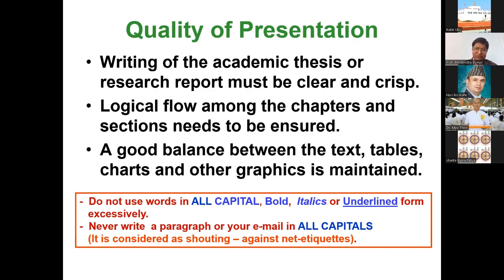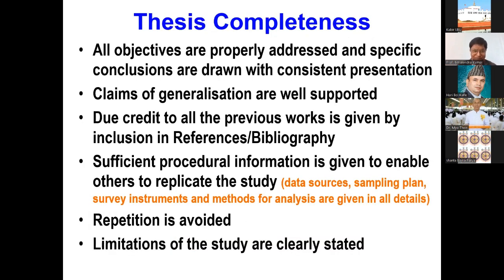Sometimes the running passage ends and the tables come in the next pages, so there is no connection between the tables and charts and the passage. So whenever there is a passage, you just mention in table number one, two, or three what you are going to explain. And when you are discussing in the passage, you give the tables so that there will be linking of that also.